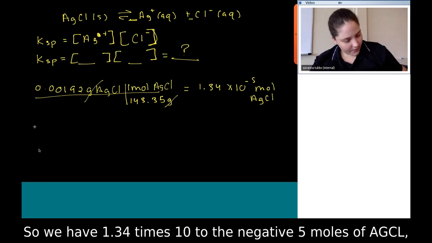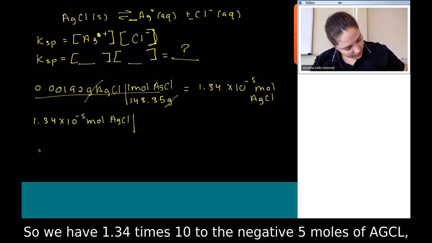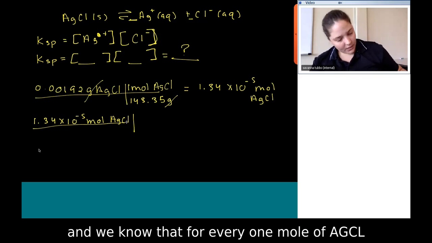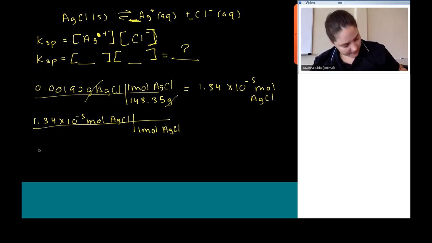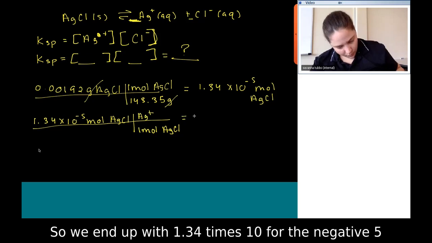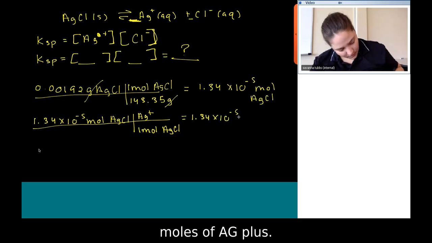So we have 1.34 times 10 to the negative 5 moles of AgCl. And we know that for every 1 mole of AgCl, we have 1 mole of Ag plus. So we end up with 1.34 times 10 to the negative 5 moles of Ag plus.